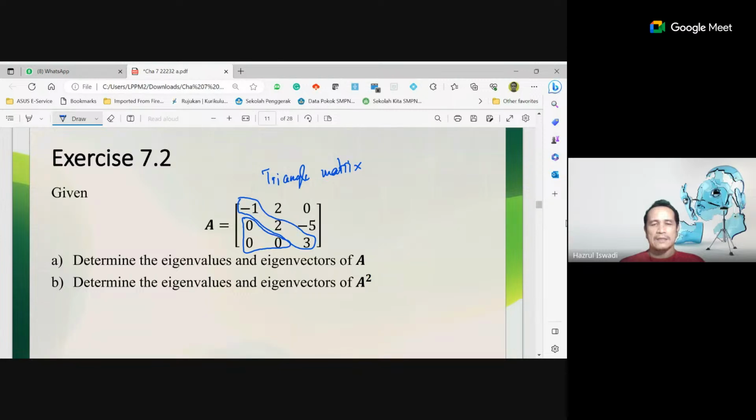We can say from this exercise directly that the eigenvalues of A are lambda 1 is minus 1, lambda 2 is 1, and lambda 3 is 3, without calculating.